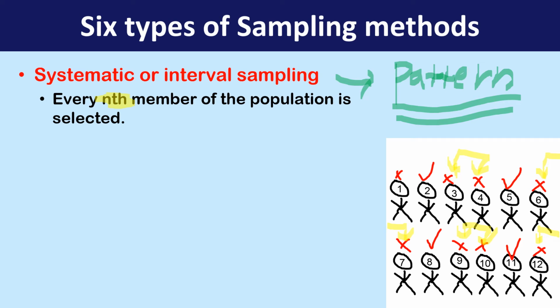And in order to do that, maybe the population is in random order, or it can be smallest to largest or shortest to tallest. You may remember taking a group picture. Sometimes it goes tallest to shortest or the other way around. Then there can be some pattern that happens. Let's say every 5th person from shortest to tallest will be the one that moves to the next row, something like that.